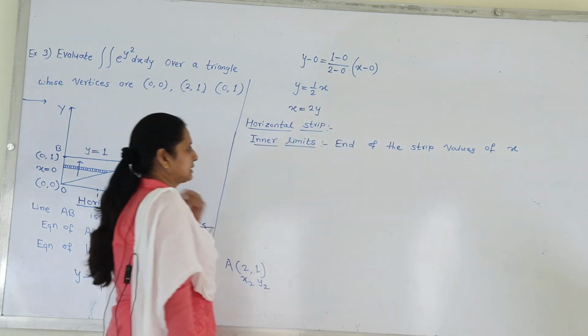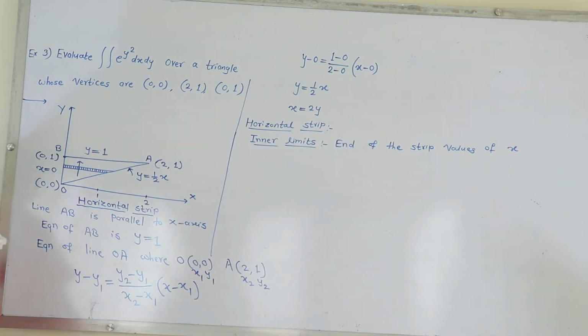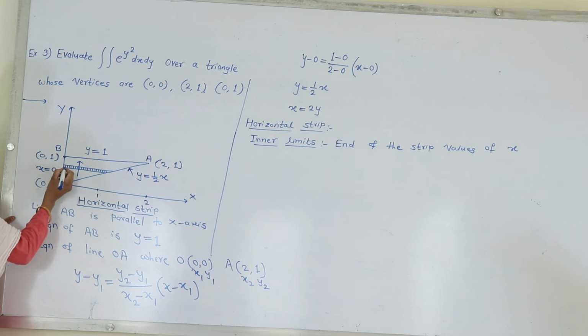At both ends of the strip, take values of x. In vertical, we are taking values of y. It is totally opposite of vertical. End of the strip, values of x. Lower limit means first end of the strip.